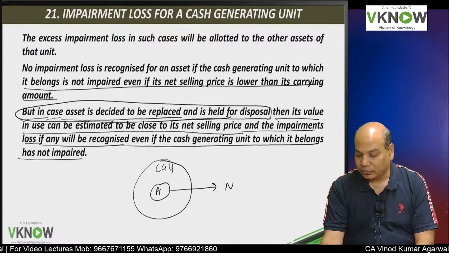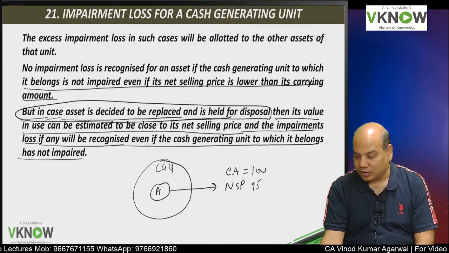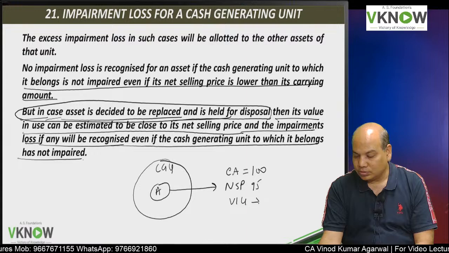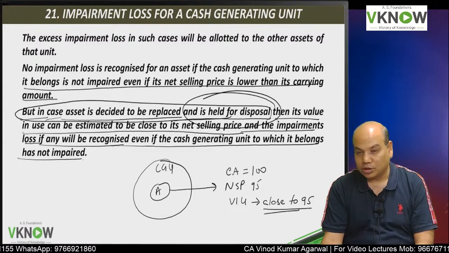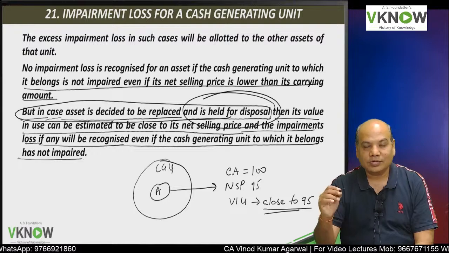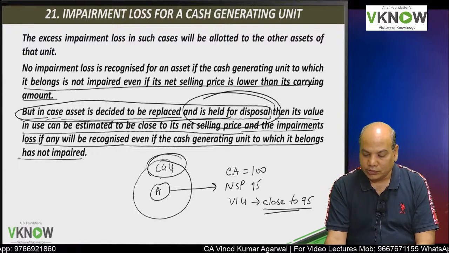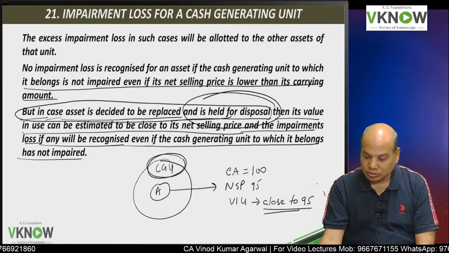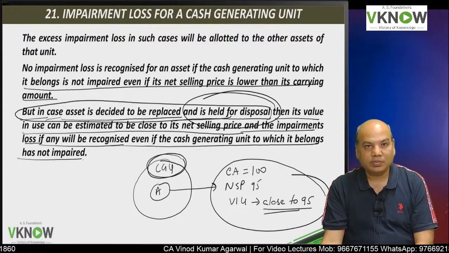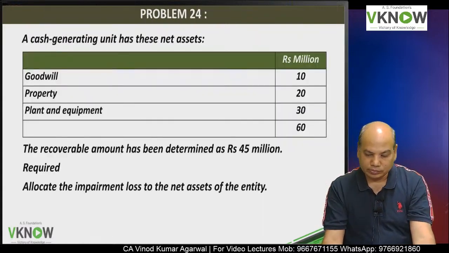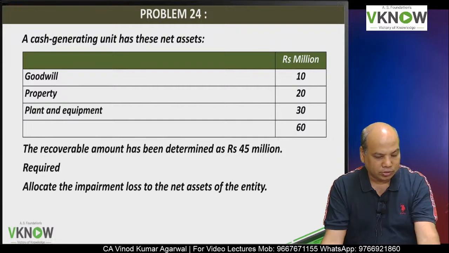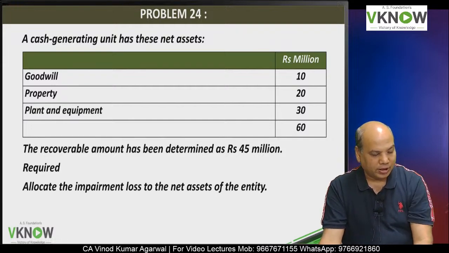This asset net selling price is 95, carrying amount is 100, but value in use is also close to 95 because the asset is not going to be used, it is held for disposal. Then in that case, whether CGU is impaired or not, the asset will be impaired because now the value in use is close to the net selling price. Let us solve few questions now on CGU and corporate assets.